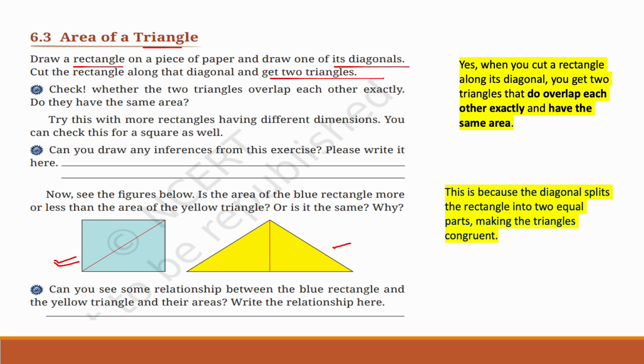If you were to place two congruent figures on top of each other, they would perfectly overlap. Can you see some relationship between the blue rectangle and the yellow triangle and their areas? The area of the blue rectangle is equal to the yellow triangle.